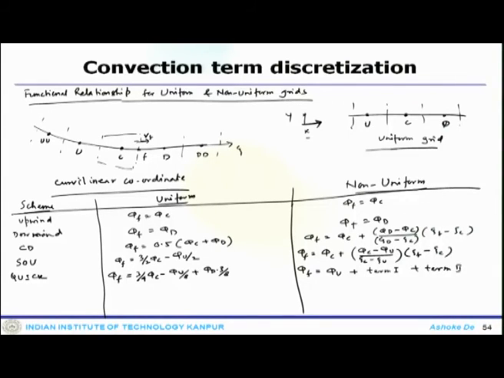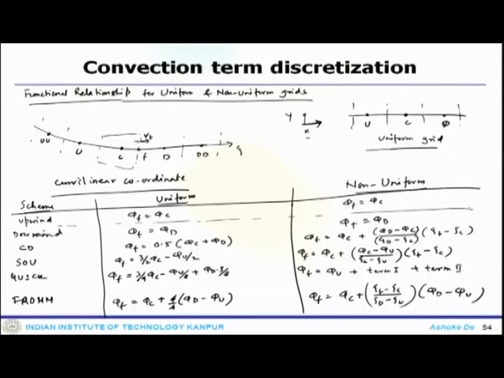We will see how they look like, and if you put from scheme, this would be phi f equals phi c plus 1 by 4 (phi d minus phi u), and this case it is phi c plus (xi f minus xi c) divided by (xi d minus xi u) multiplied with (phi d minus phi u). So, you can see this difference in the functional form of this expression.